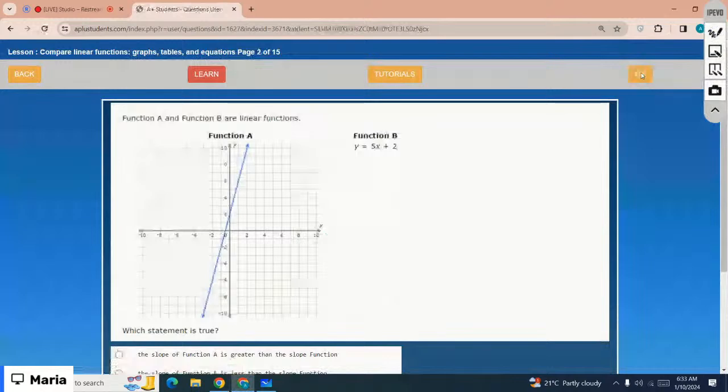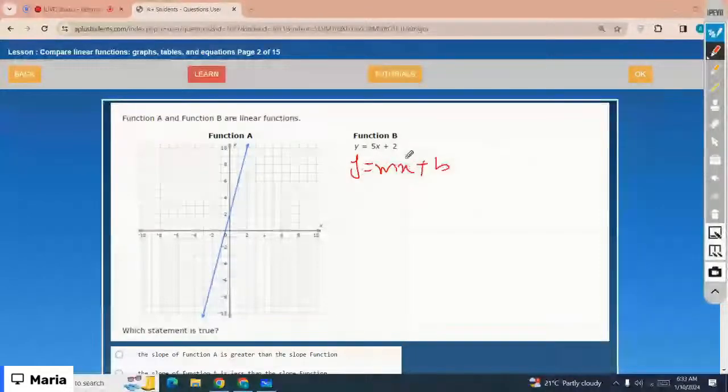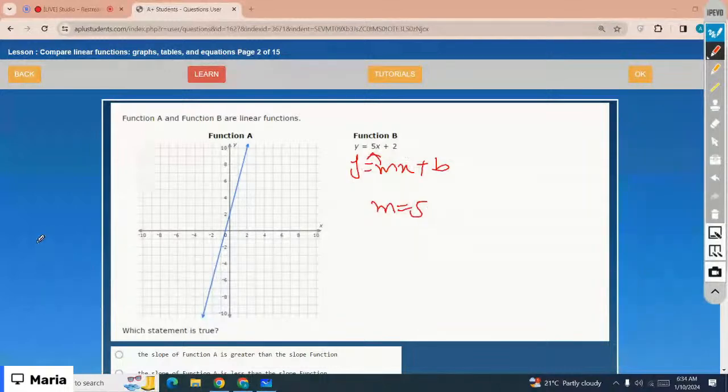Okay, the next one is, let's just calculate the slopes for both the functions. We got y equals mx plus b, right? And m equals 5. So the slope of function B is 5. Now calculate the slope of function A. Just use any 2 points. I'm going to use this one and this one. Change in y is 4 and change in x is 1, so that is 4 over 1.